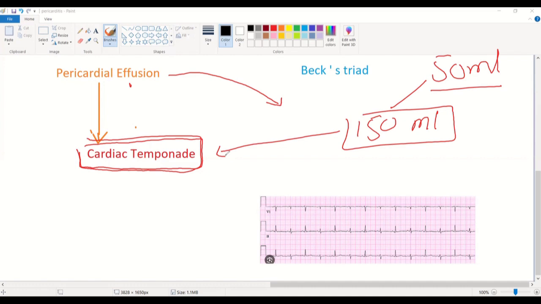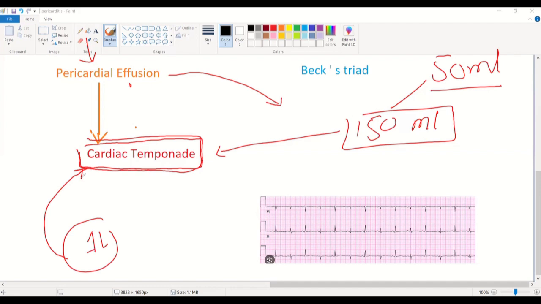Some chronic conditions like SLE and rheumatoid arthritis also lead to pericarditis, and pericarditis leads to pericardial effusion. Cancer may also lead to pericarditis and pericardial effusion of 1 liter. But this 1 liter pericardial effusion does not lead to cardiac tamponade, because the most important thing is the rate of fluid accumulation.